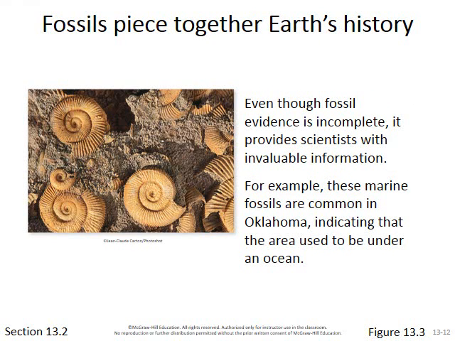Even though fossil evidence is incomplete, it provides scientists with lots of information. One example, the fossils that you're looking at here, these are marine fossils, animals that used to live on the bottom of the sea, but they were found in Oklahoma. So this tells us, you know, someone might have moved it here, but there are so many different marine fossils that obviously they are there naturally.